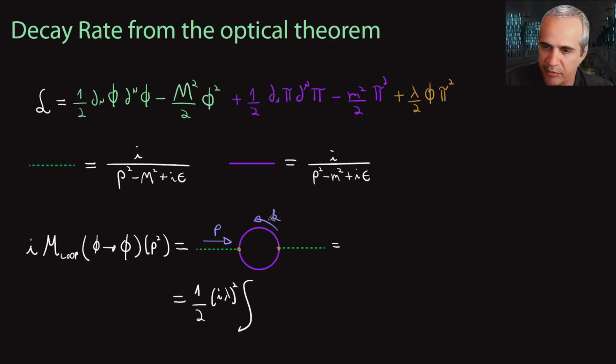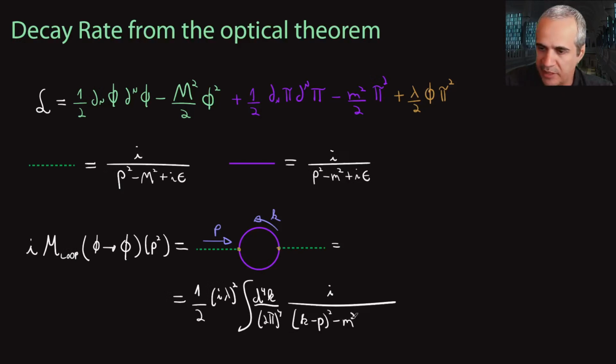I have an integral over these momenta, d4k over (2 pi) to the fourth, and then these two scalar propagators, which are i over (k minus p) squared minus lowercase m squared, plus i epsilon, and the other propagator is just i over k squared minus m squared plus i epsilon.